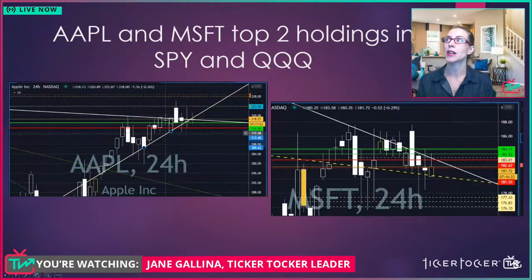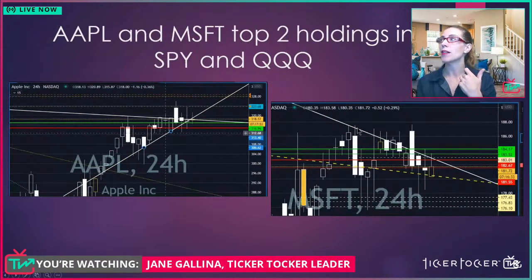Right now on Apple, we do have this upper trend line that we are just hovering above. And we have this trend line from the lows here for the past couple weeks that we are just below. So really a little bit of a battle there for Apple. If we do go ahead and break up above this 323 area, I think we could very easily see 328, 330, 335 to the upside for Apple.